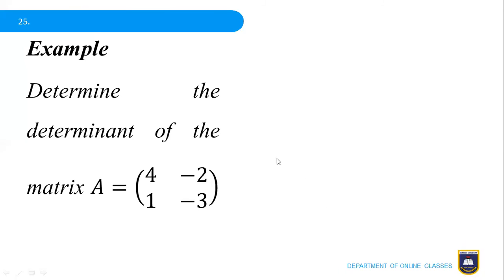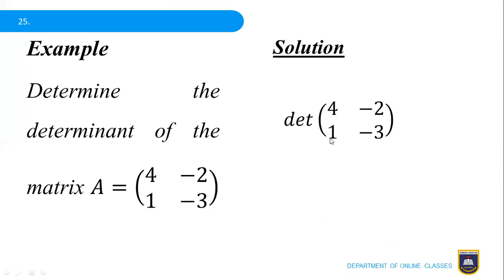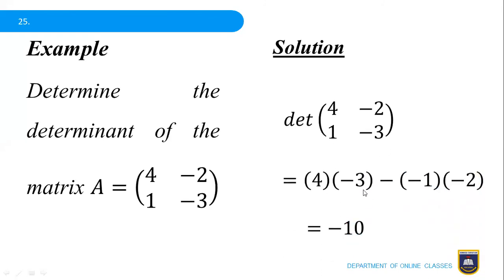Let's check our solution. So that is 4, negative 2, 1, negative 3. This will give us 4 multiplying negative 3 minus, this is supposed to be 1, so we have 1 multiplying negative 2. So you get 4 multiplying negative 3, which gives you negative 12, plus 2.